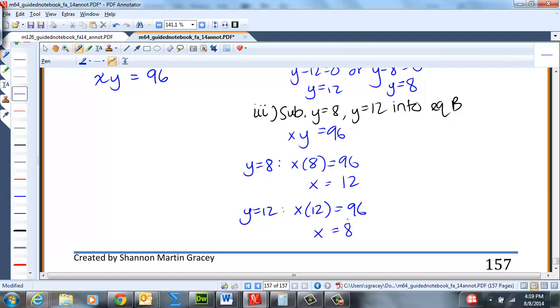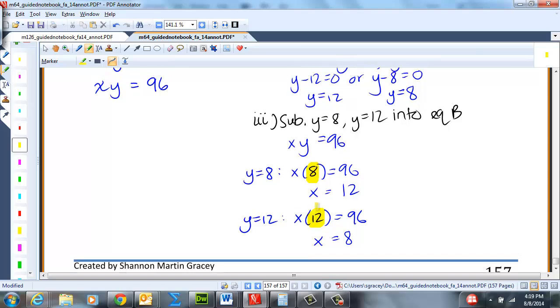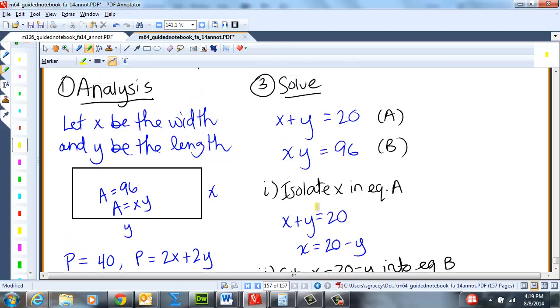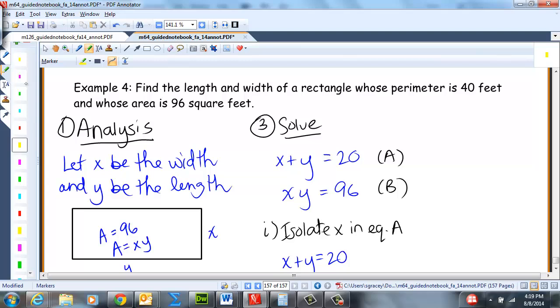So you just, to give the overall dimensions, you could answer in your conclusion that. I think they just asked for the length and width of a rectangle.